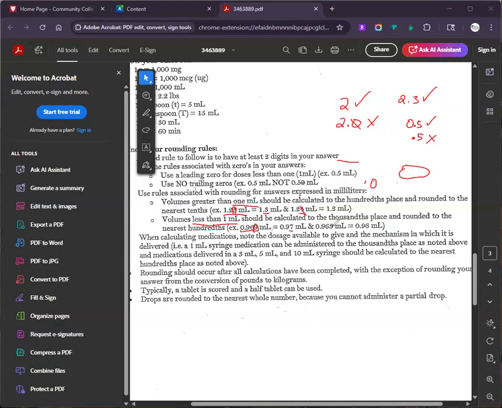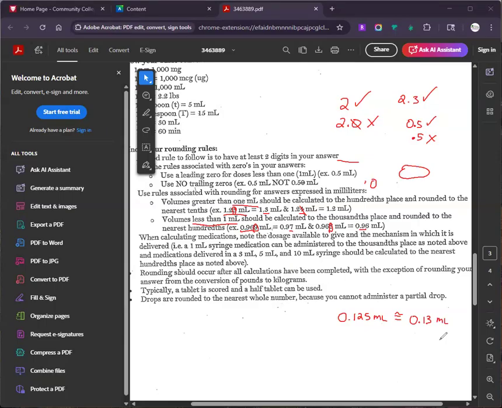If that number is 4 or fewer, so we look again at here it's a 3, then we're going to leave it as the 0.96. A lot of times what you'll get as an answer, I'm just going to write down here, let's say we get 0.125. Okay, let's just say that's milliliters. If we get an answer like that, then we want to round it to 0.13. Okay.